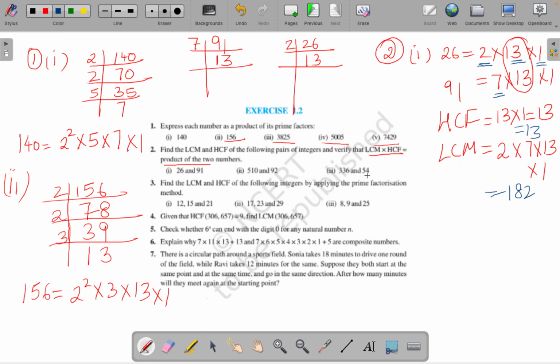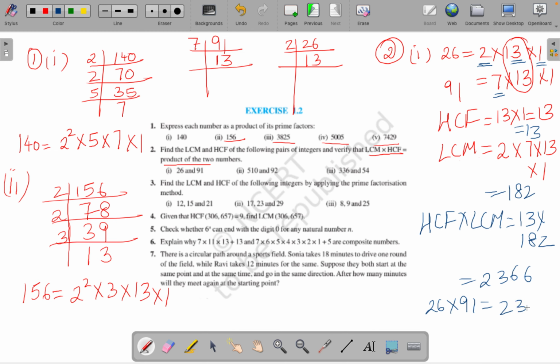So let's find out HCF into LCM, that is 13 into 182. So check, 13 into 182 is 2366. Let's check, are we getting 26 into 91 as the same thing? Yes, we are.